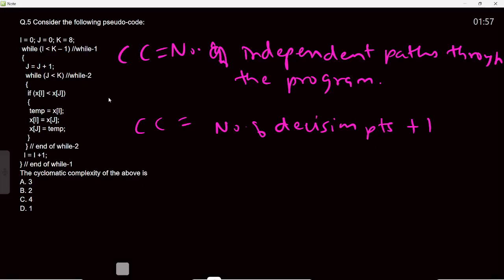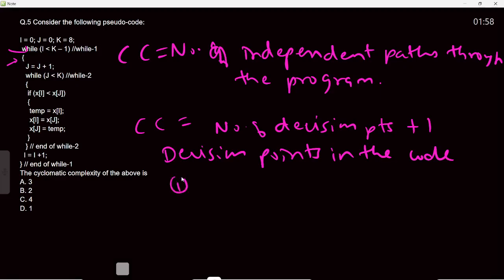Now if we observe the code here, the while loop is one decision point. So I will write here which are the decision points in the code. The first one is while i is less than k minus 1.